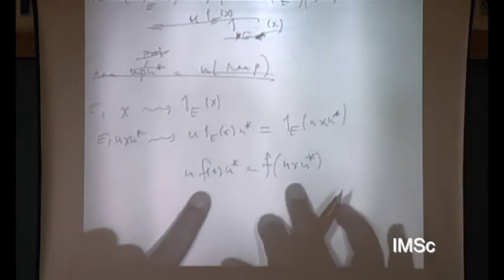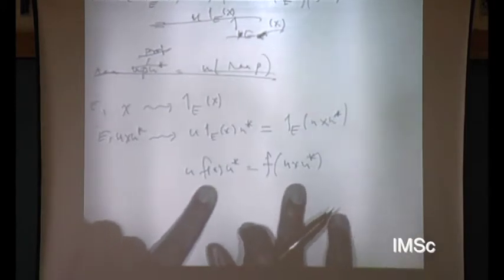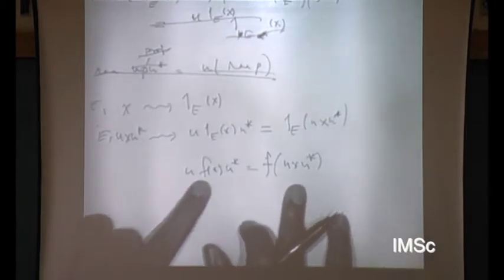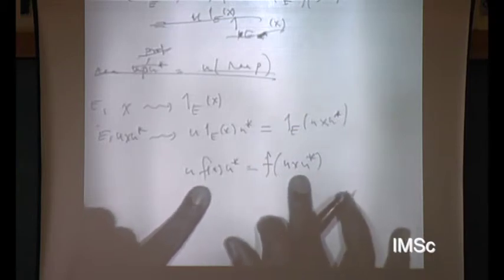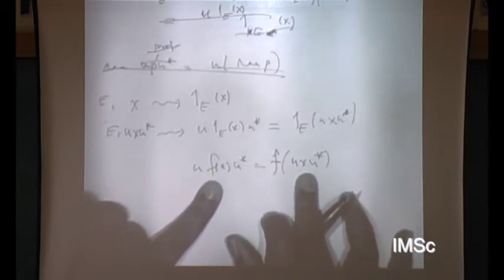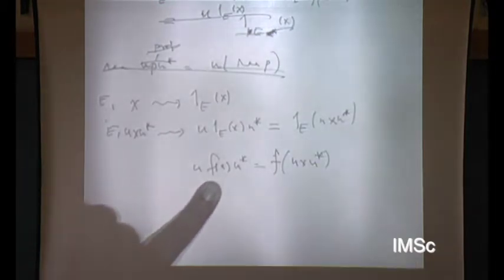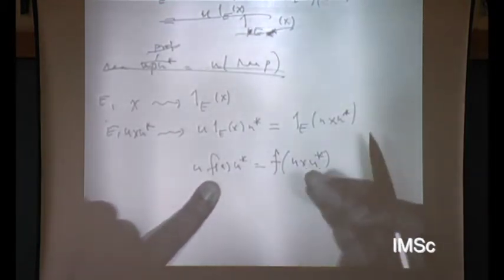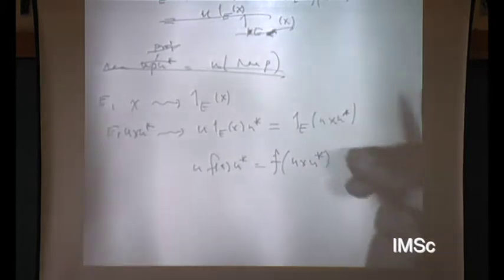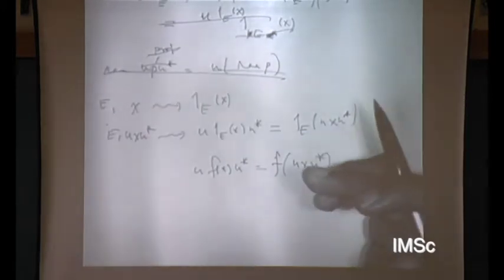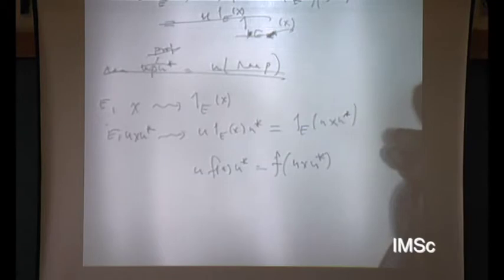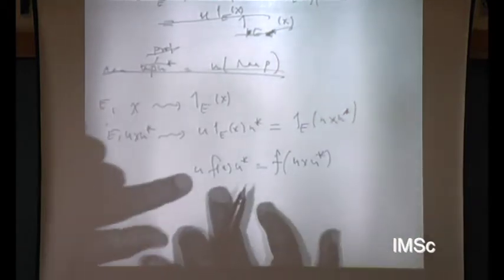Now both maps will carry the identity function of the spectrum to the respective operator. The spectrum of x and the spectrum of U x U star are the same. So that function, if I call that function t, of U x U star is going to be U x U star. It is just the identity function on the spectrum.